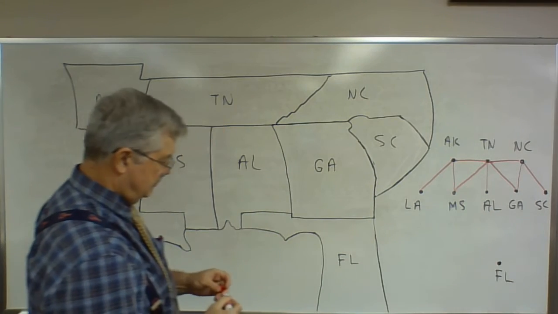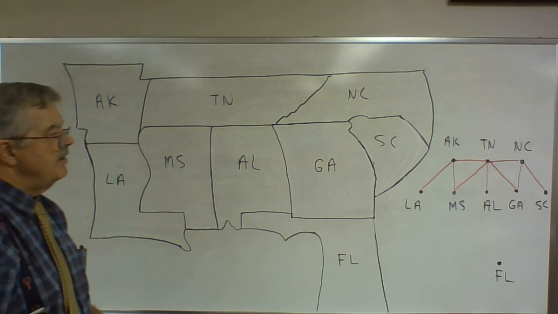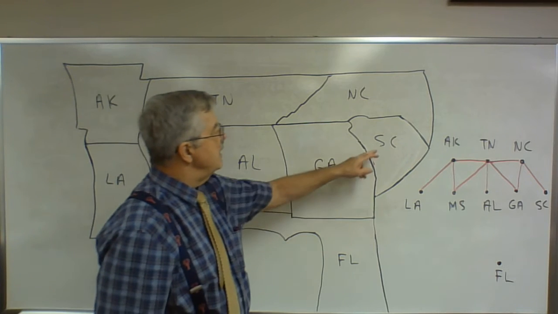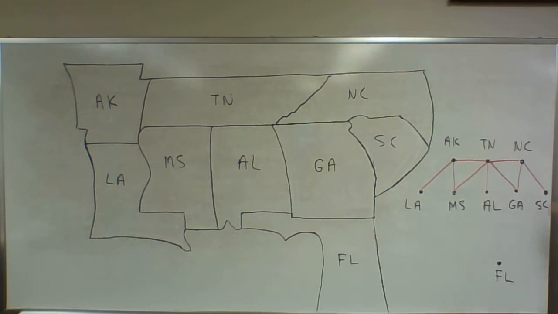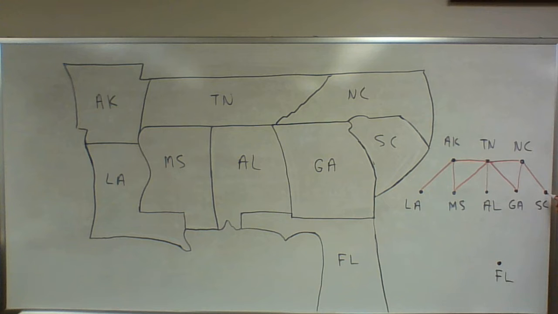Okay. Now, let's do South Carolina and work from east to west. South Carolina borders with North Carolina. We got that. South Carolina borders with Georgia. We got to put that one in. And that's it for South Carolina.